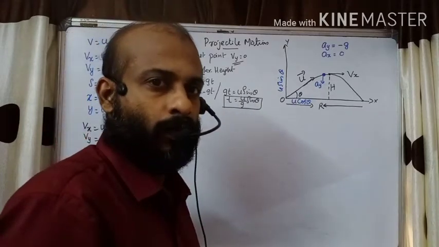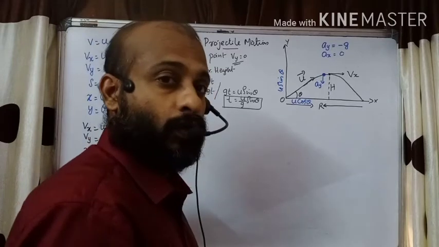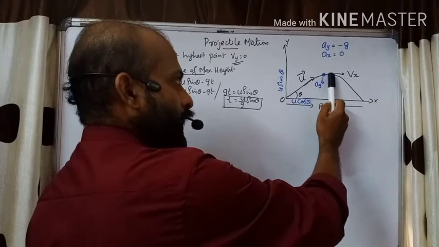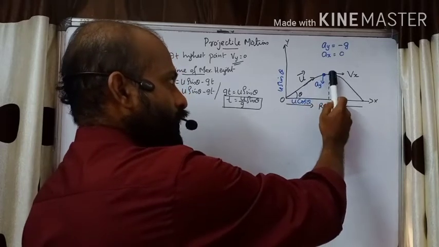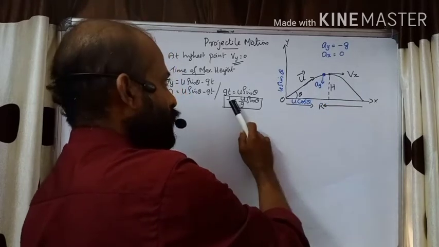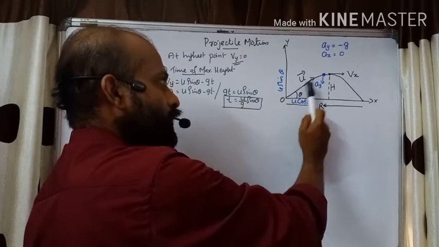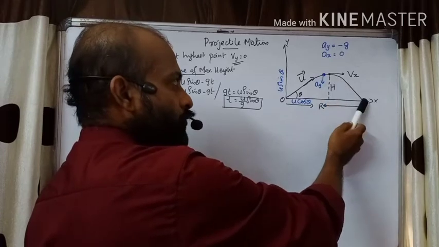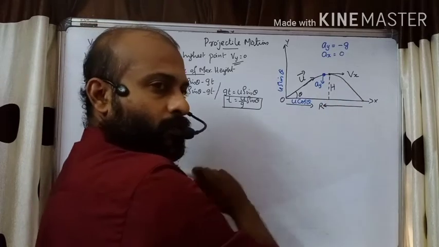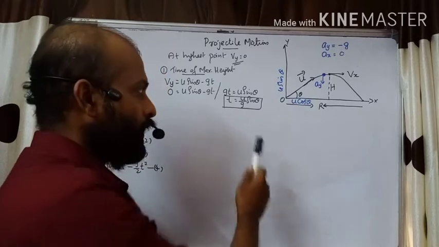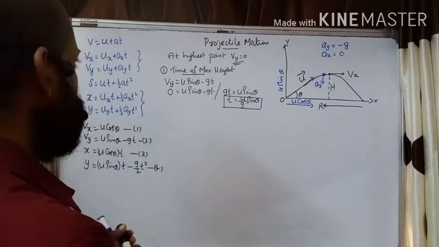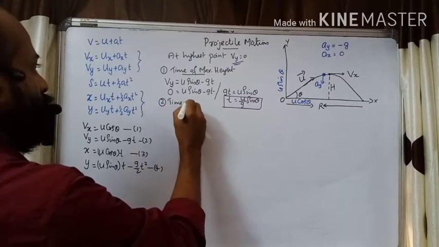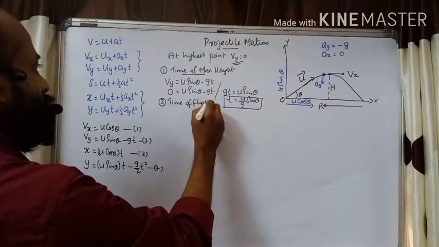Okay. Now we have the total time of flight. We know that for motion under gravity, the time of ascent is equal to the time of descent. If t is the time taken to reach the highest point from the starting point, the time taken to come down from the highest point will also be t. So what is the total time of flight? I can take 2 times this. The second equation is time of flight, meaning the total time taken.